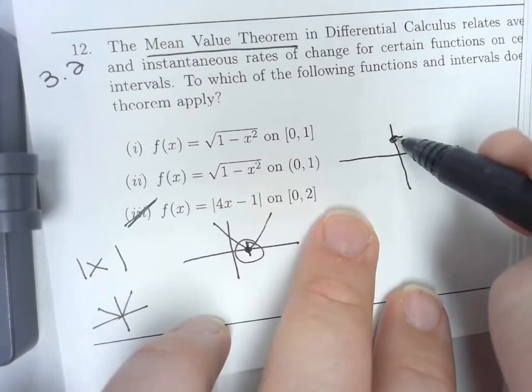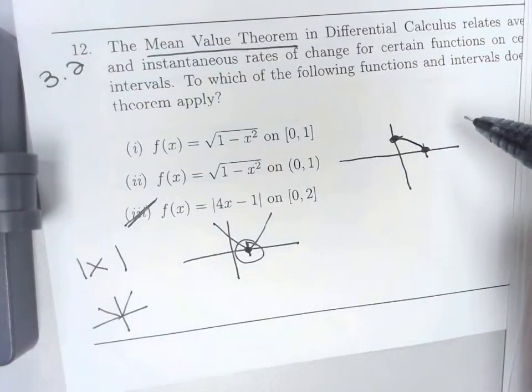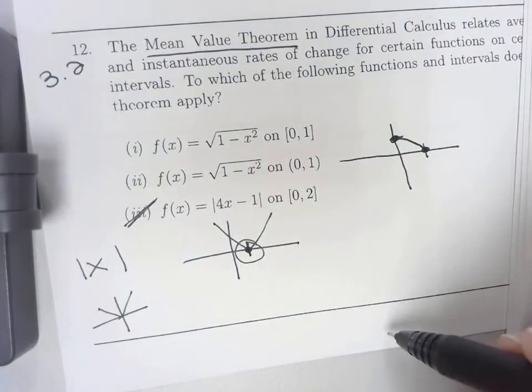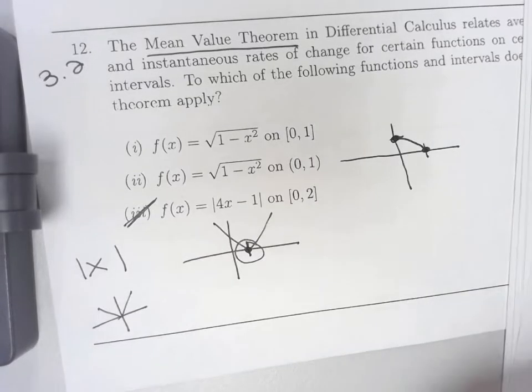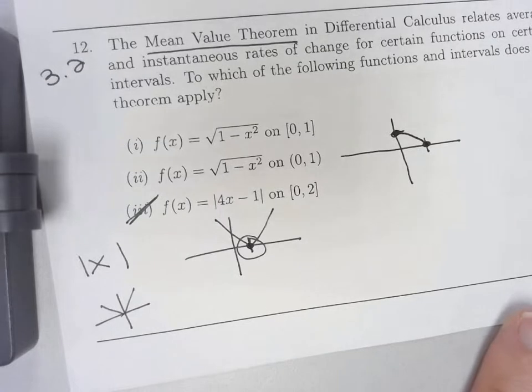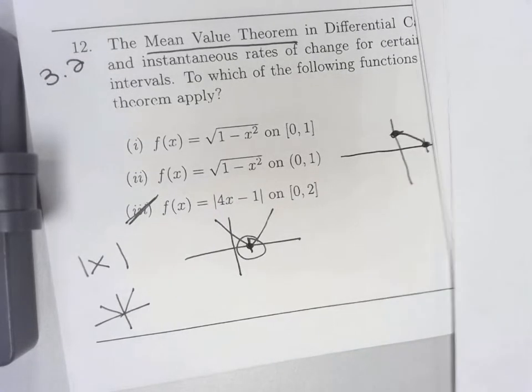And so something like that. That would be differentiable. Right. But I don't understand why it gives an open interval instead of a closed interval like the other two. Right, but I don't know why that would make a difference.